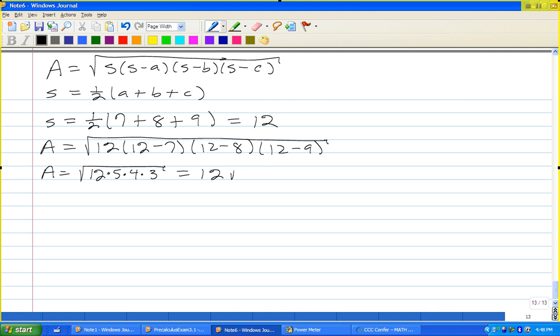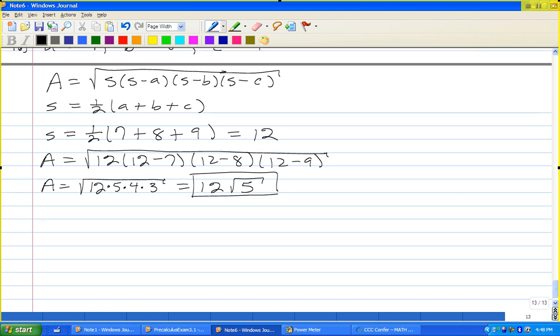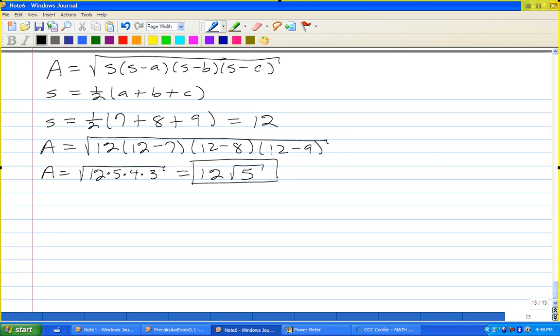Yep. So it's 12 radical 5 is your area. Okay, here, wait. 7, 8, 9.